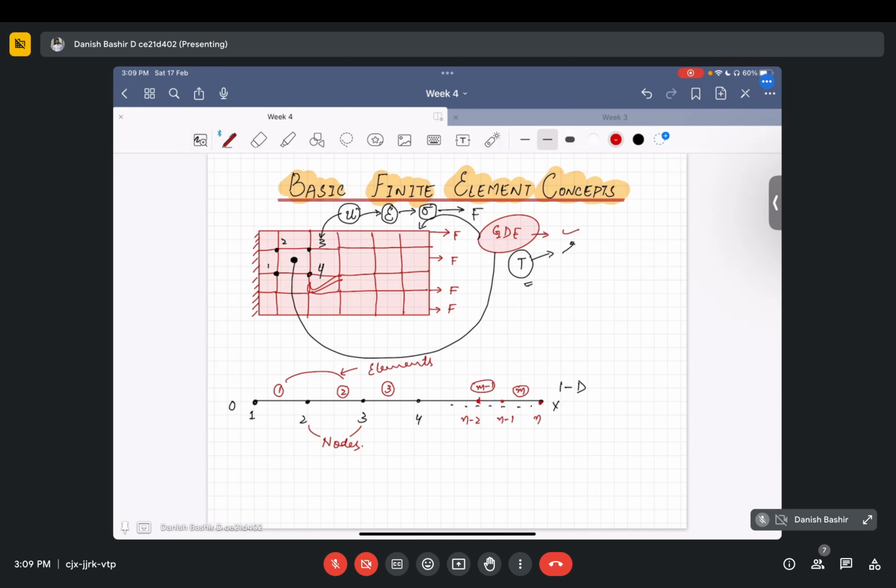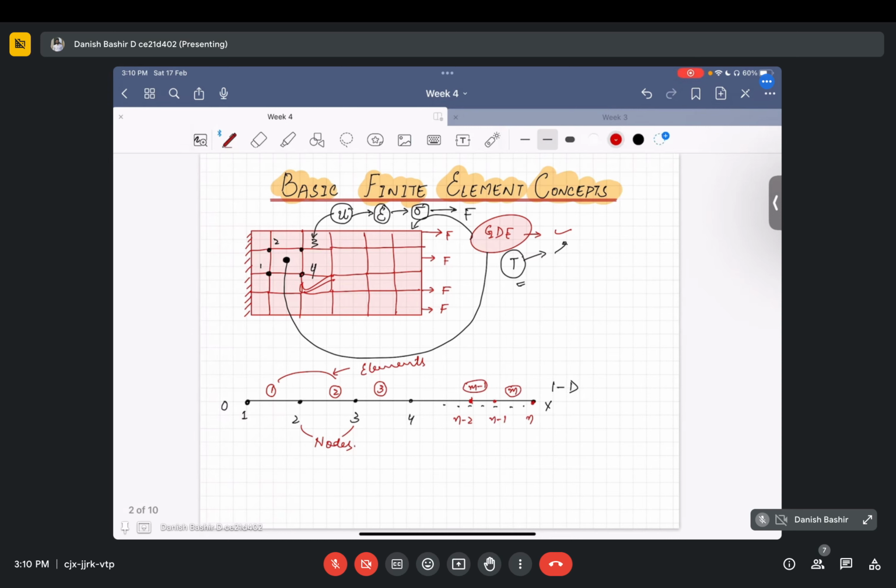So let's consider one typical element, which will be generalized throughout the domain.